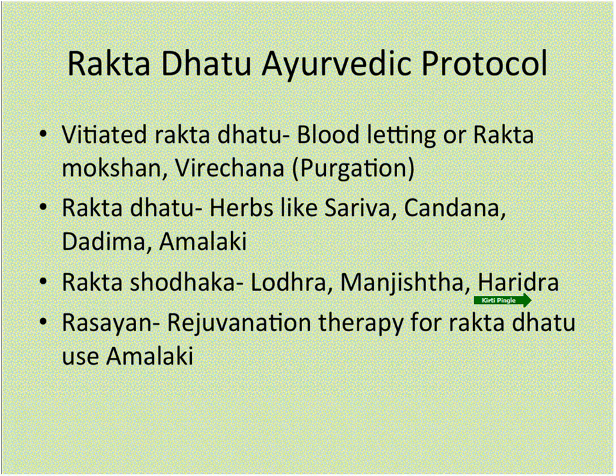Haridra is turmeric, so you can use these herbs. And Rasayan or the rejuvenation therapy for Rakta, you can use Amalki. So Amalki is the Rasayan Dravya for Rakta Dhatu. Similarly, Shatavari is the Rasayan herb for Rasa Dhatu.